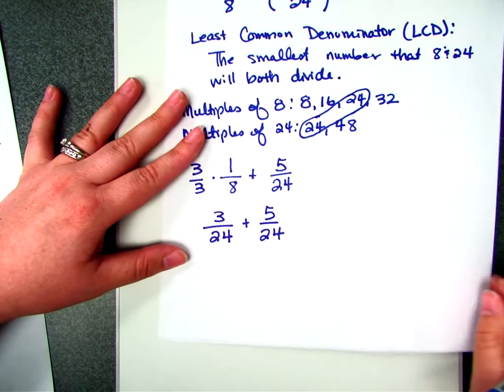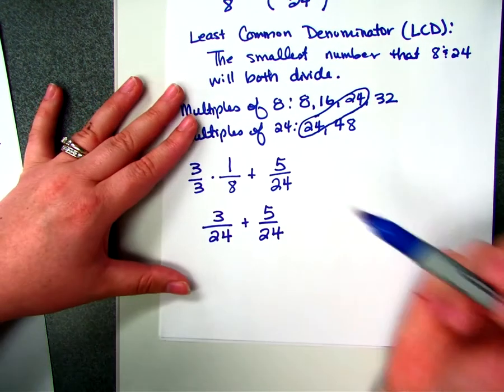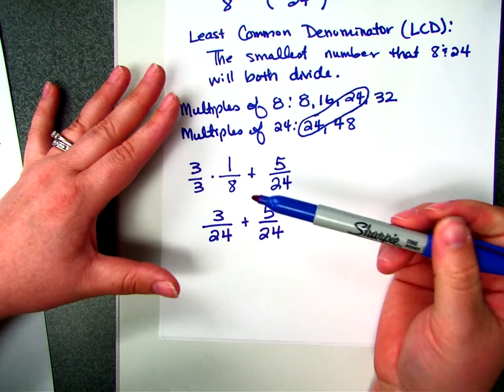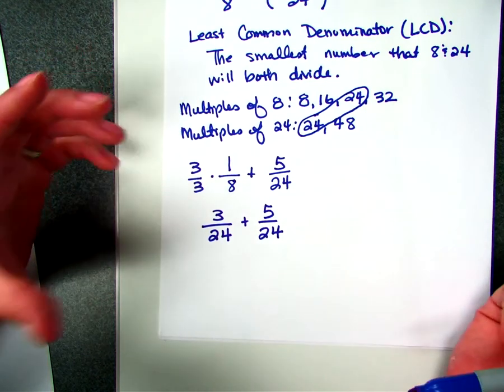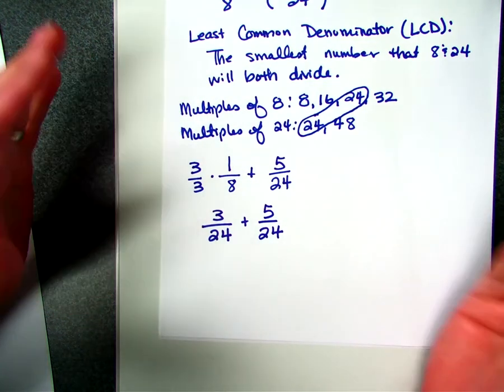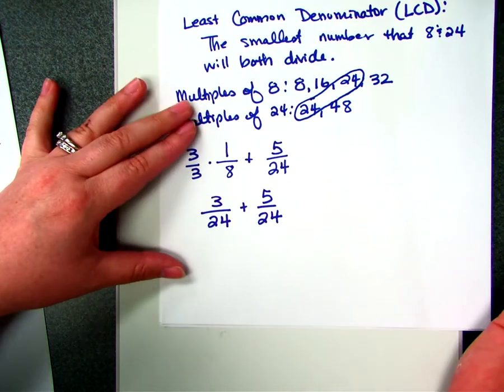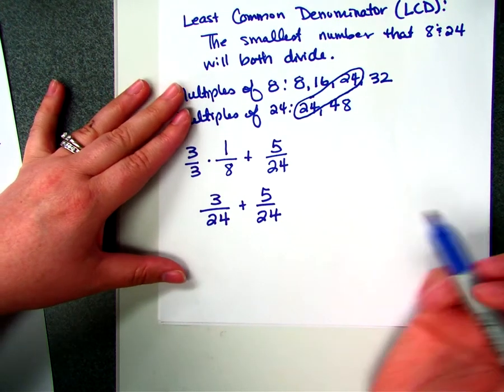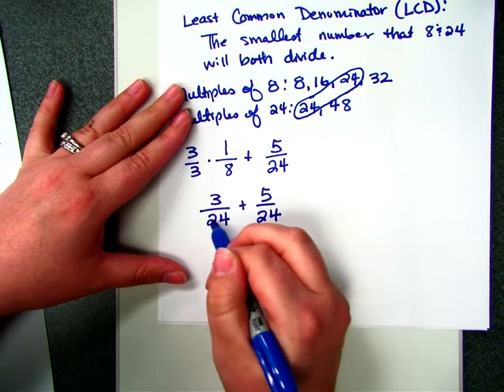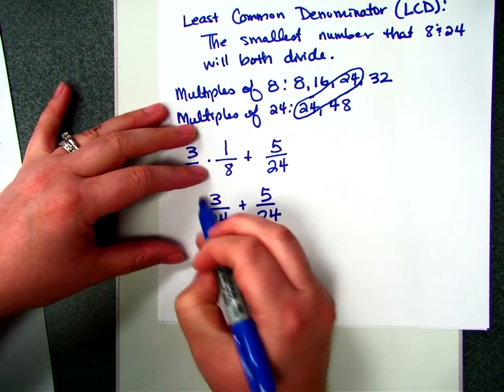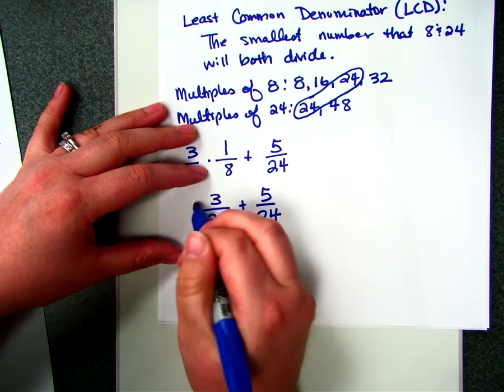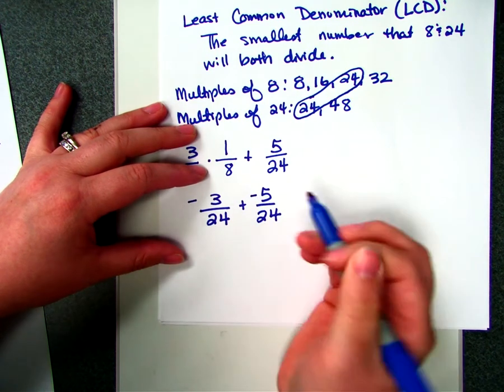Okay, so now we have our fractions on two equal playing fields. Both of the circles have been split up into 24 different pieces. So now each piece is equal to each other. And now to add or subtract fractions, I just add or subtract the numerators. Again, these were negative numbers, but that's okay.